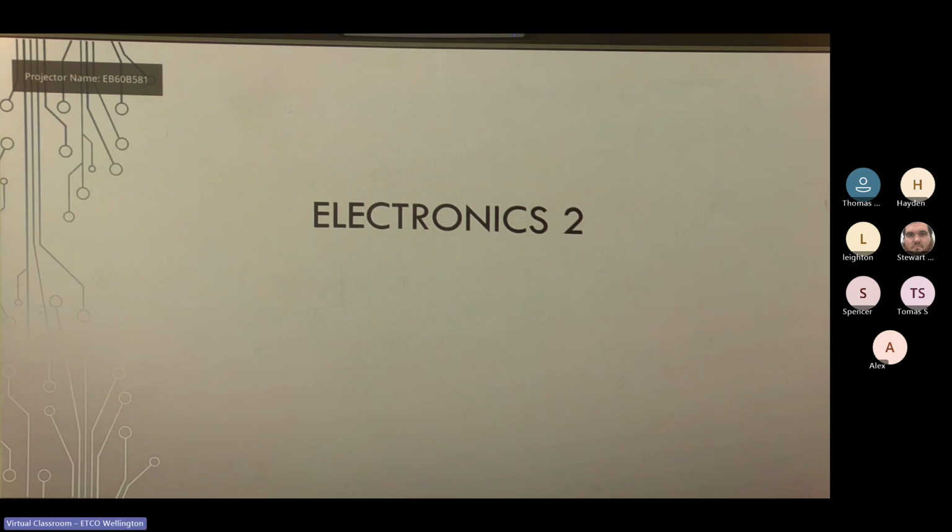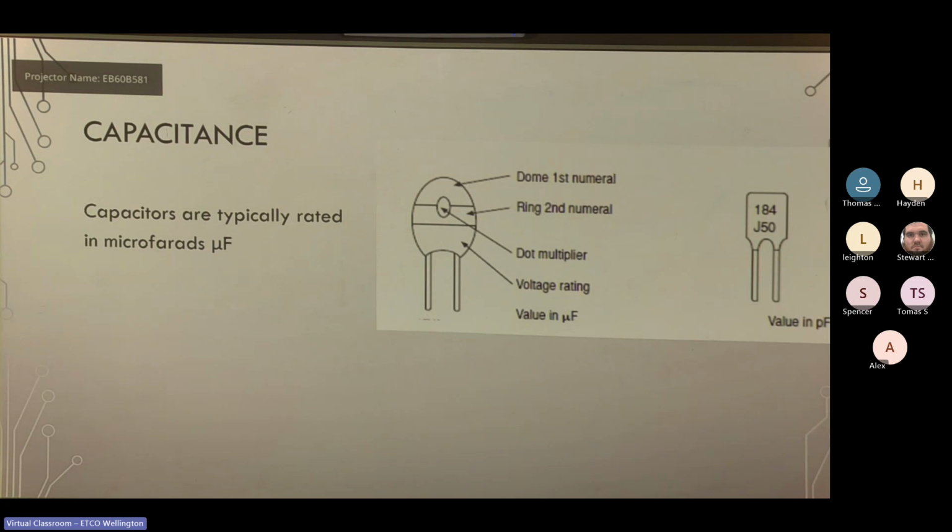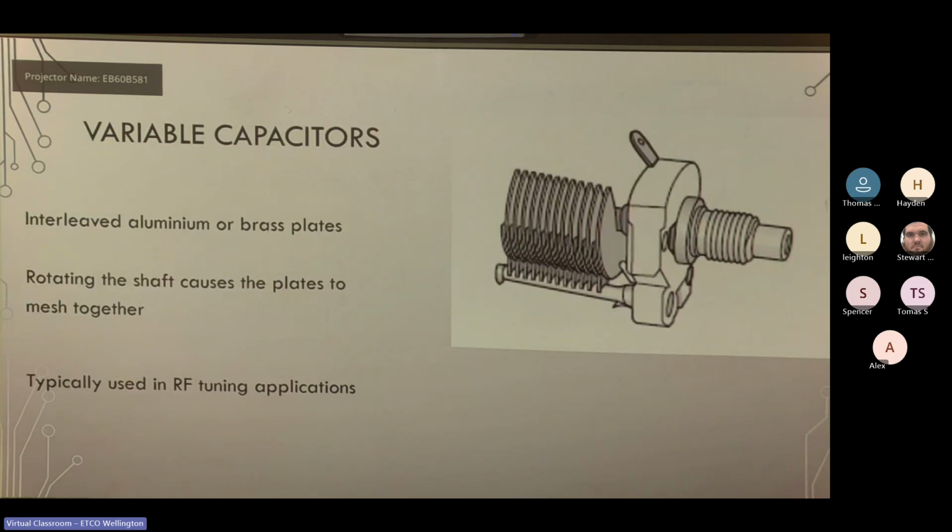Cool. So yeah, last week we talked about capacitance, the typical ratings, microfarads, some in picofarads, which are even smaller.